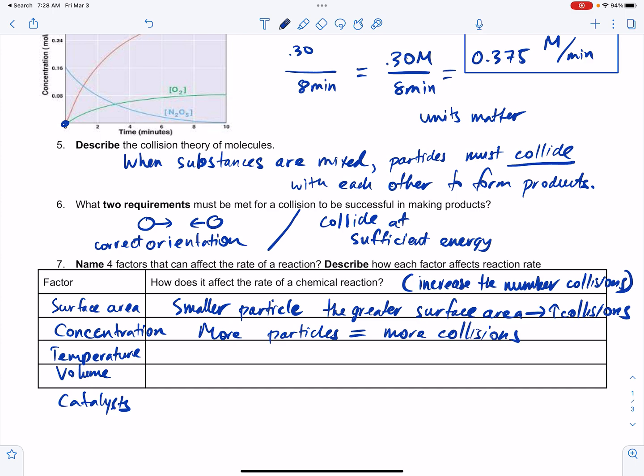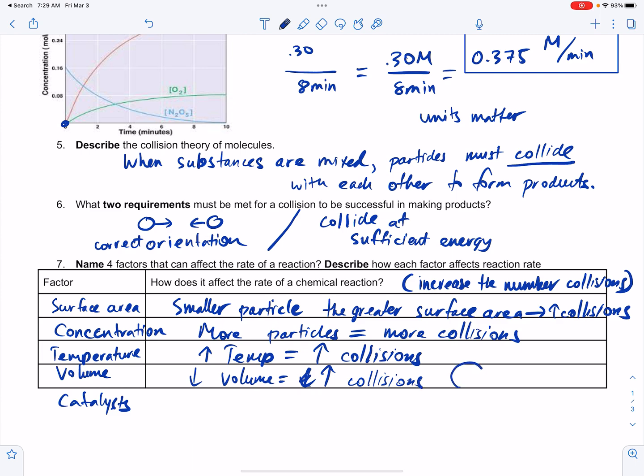Temperature. Higher temperature equals greater number of collisions. The volume: the smaller the volume, the more collisions are going to happen.